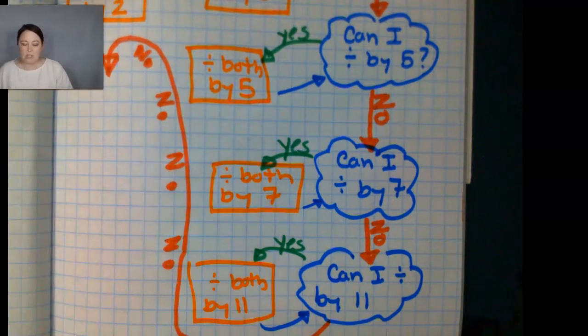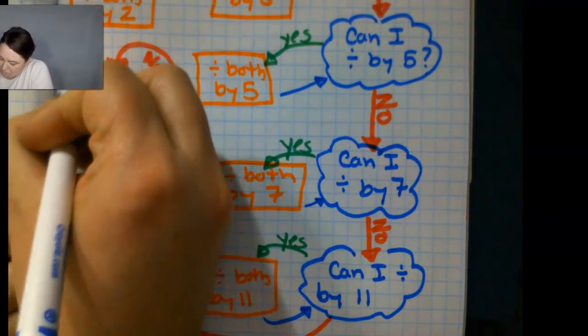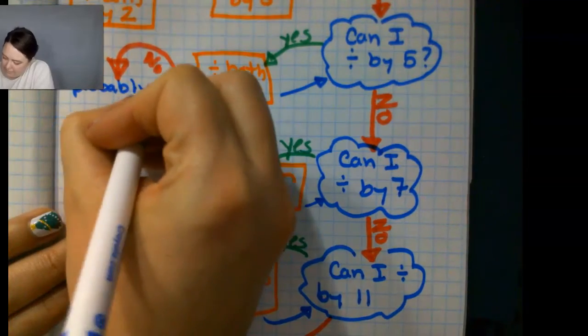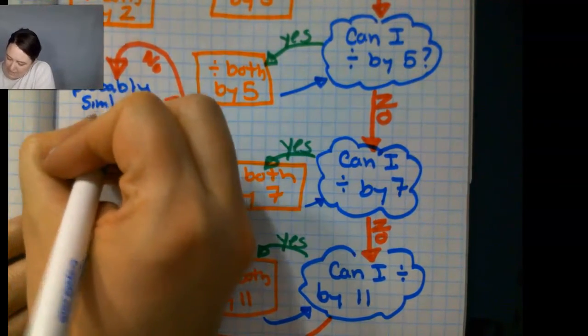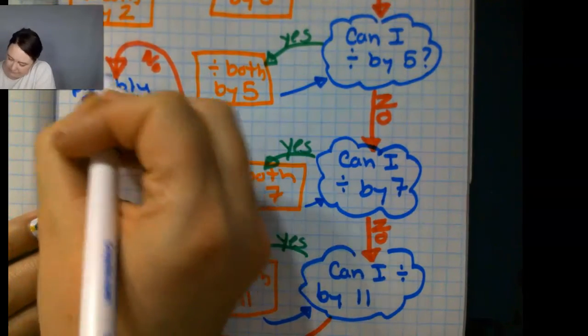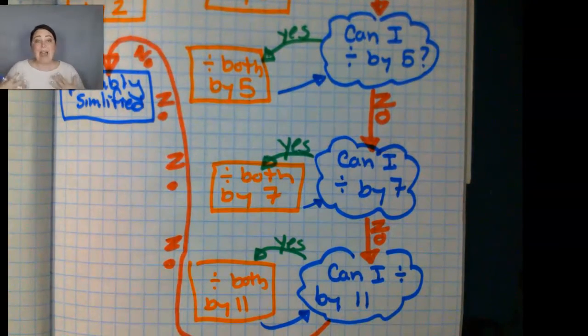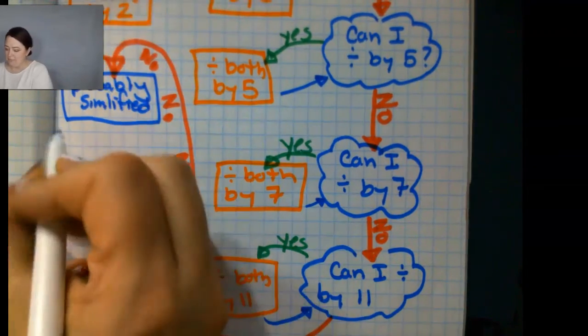If you get a no here, you're probably simplified. So I'm going to put probably simplified.